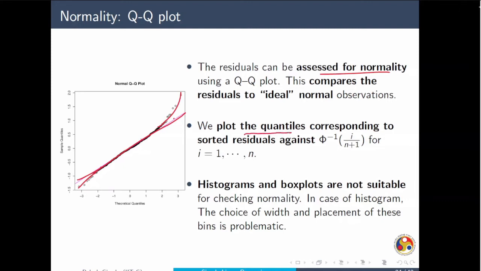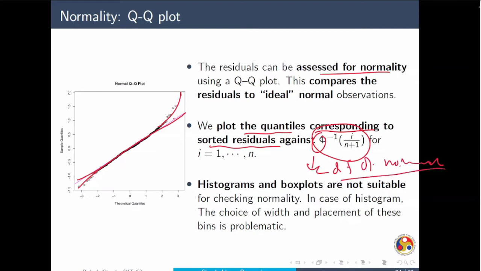So basically the idea is a plot of the quantiles. This is a little bit theoretical, but I'll just state it and then go to the next slide. Corresponding to the sorted residuals, meaning you have n residuals and you sort them, minimum first and maximum last, you plot them against phi inverse of i over n plus 1, where phi is the CDF, the cumulative distribution function of the normal distribution.